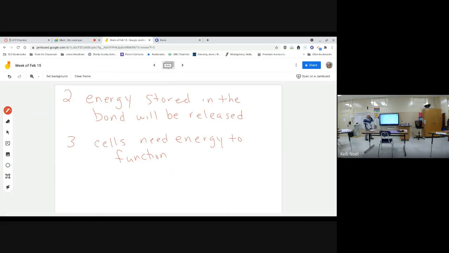So the more motion your body goes through, the more energy it needs for the cells to do their job.